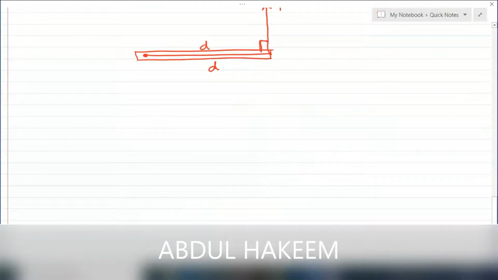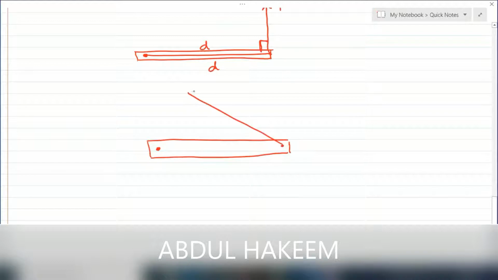But if the force is not perpendicular, like this. This is the pivot, and the force is going in this direction. And this is the distance. And this angle is theta, other than 90. So there is a torque, but F multiplied by D is not the formula for the torque.